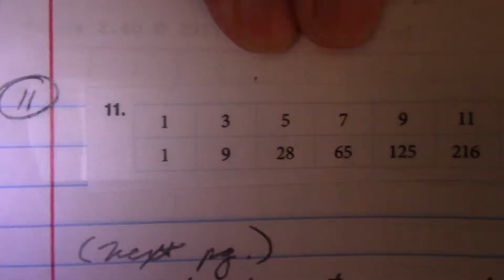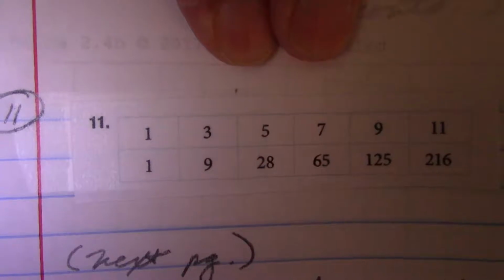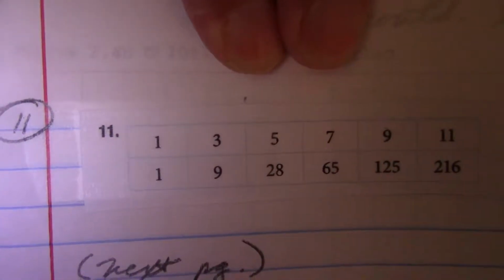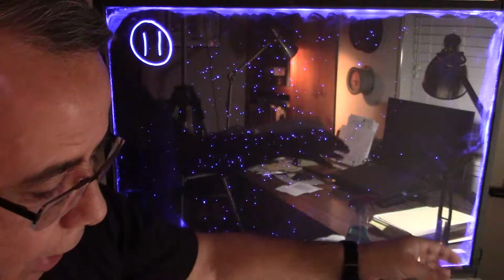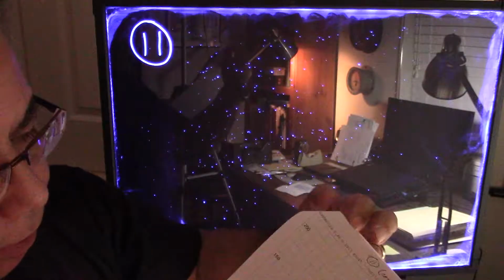Number 11. So here's the data. And again, I plotted this using a computer, and I came up with this scatter plot.